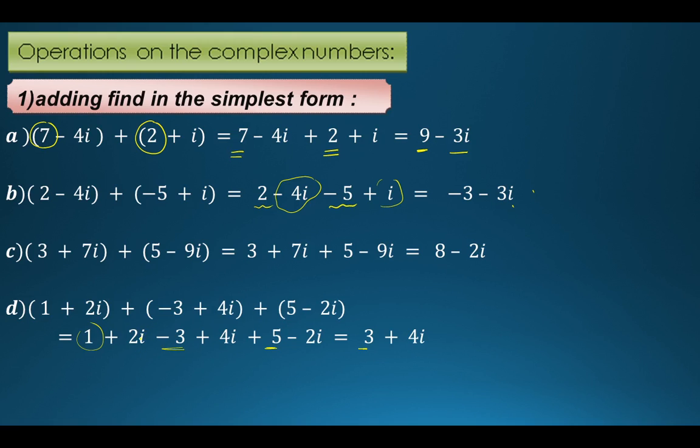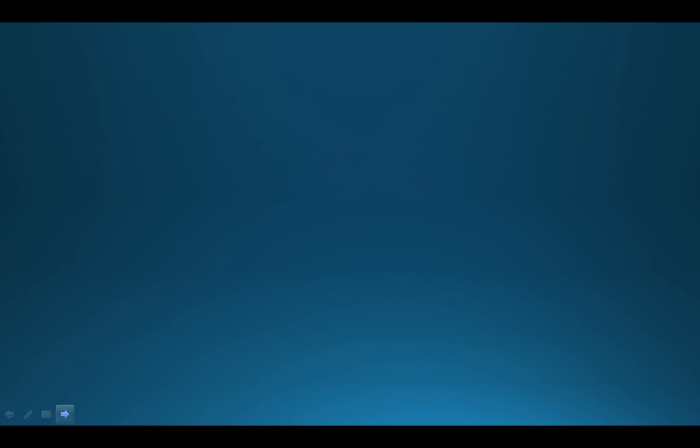Here we have 2i and negative 2i, which cancel each other, and the remainder is 4i. So the final answer will be 3 plus 4i. Second, multiplying. Find in the simplest form.